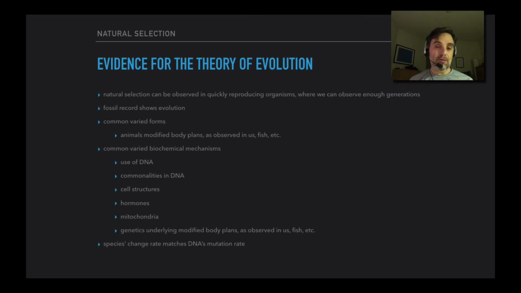And then it turns out that the rate of change of species that we see in the fossil record, right, the species change over time, that rate of change is the same rate as we independently observe mutation rates in DNA, and they match. So there's just tremendous amounts of evidence for the theory of evolution. This is all stuff that the theory of evolution explains really well, and that otherwise we would have no explanation for. So theory of evolution, very well confirmed. And natural selection as a part of it.